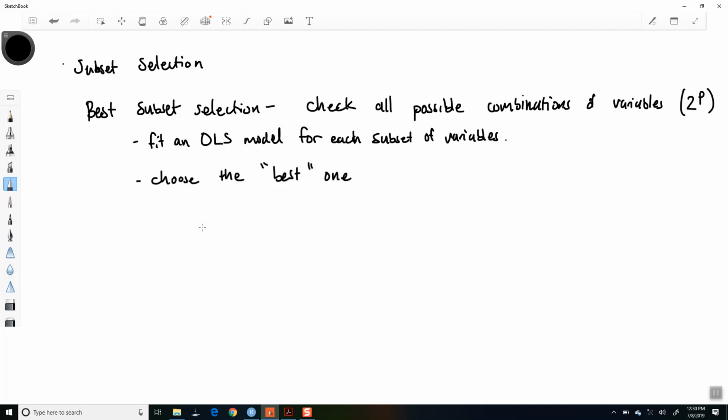Okay, and then choose the best one. How we define best, you can use AIC, BIC, adjusted R squared, or validation or cross-validation error.